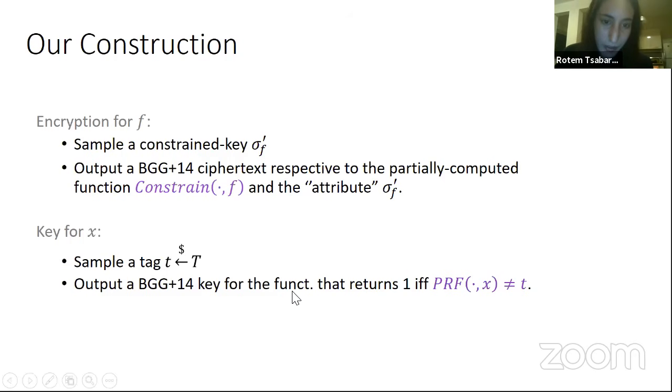So we explicitly use this function. This function takes the constraint C that should appear in the ciphertext as input, and then it evaluates the PRF constraint seed on the attribute X. It allows you to decrypt as long as the resulting tag does not fall on the punctured point of the secret key, or in other words, as long as this evaluation does not equal the random tag that we chose.